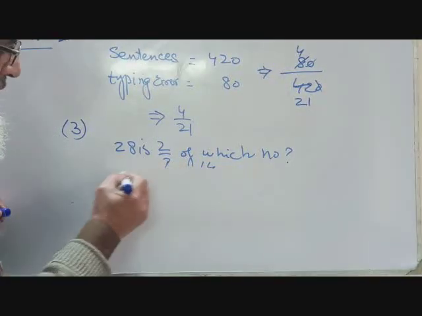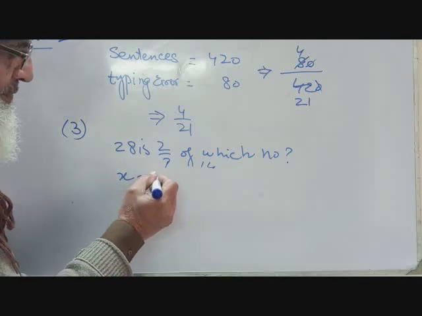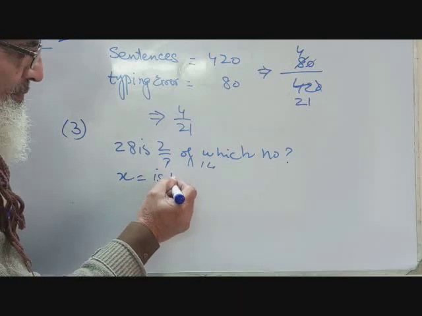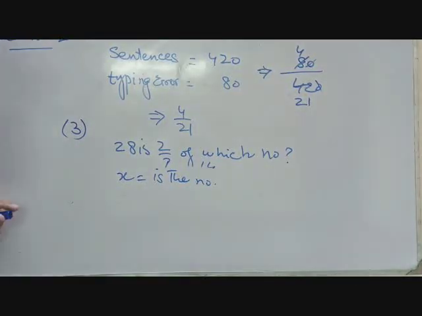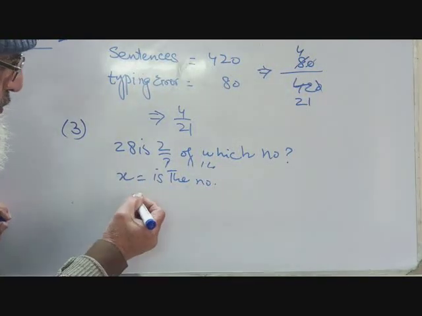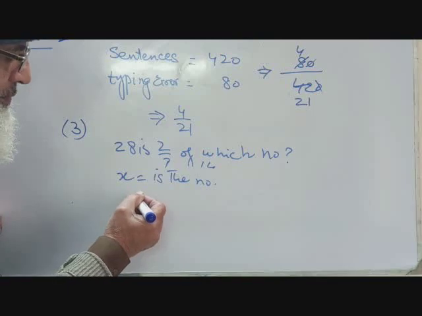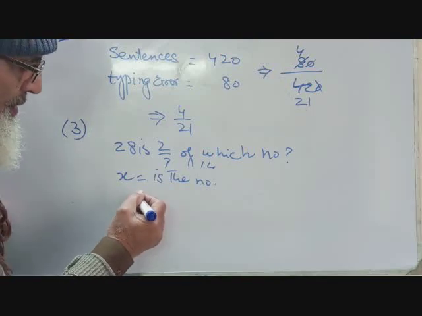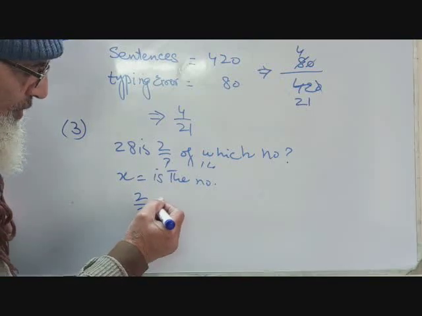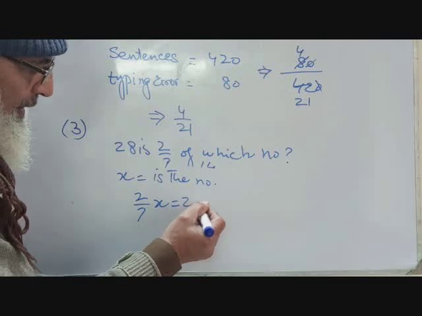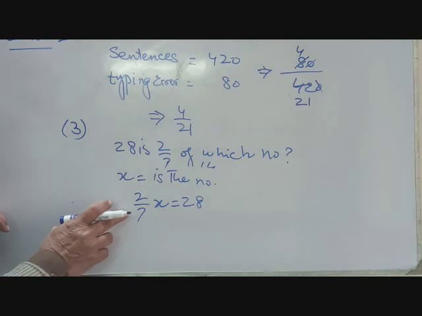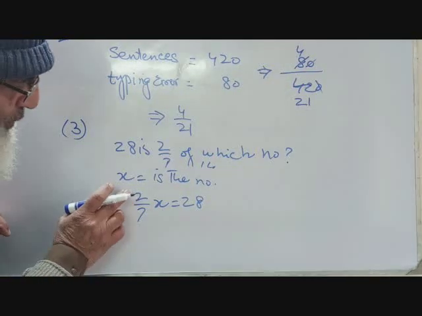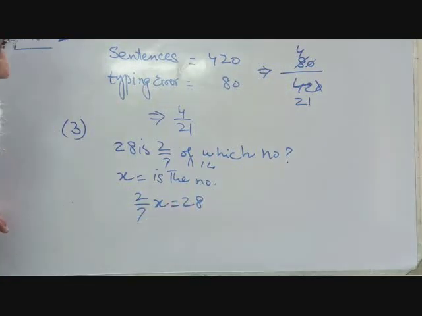Suppose x is the number. So 2 by 7 of x is equal to 28.